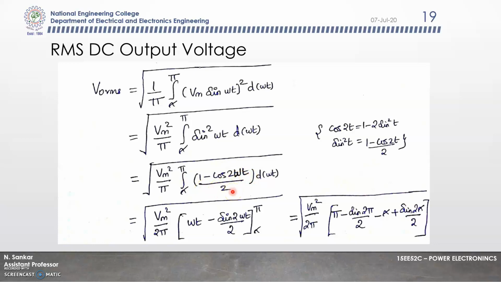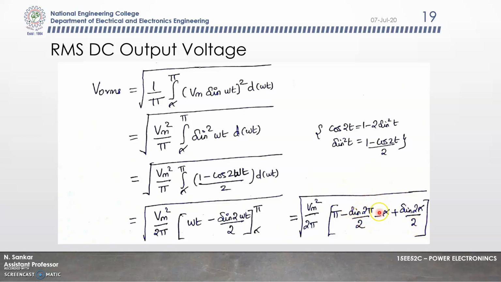Just integrate the same. Before integrating, take the 2 out of the integration. So Vm square by 2 pi. If you integrate 1, it will be equal to omega t. And if you integrate cos 2 omega t, it will be equal to sin 2 omega t by 2. Now substitute the limits. So pi minus sin 2 pi by 2, minus alpha, minus of minus, which will be plus sin 2 alpha by 2.